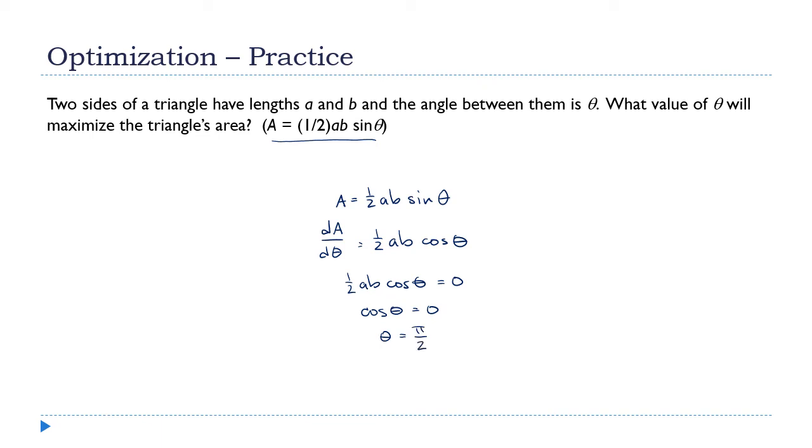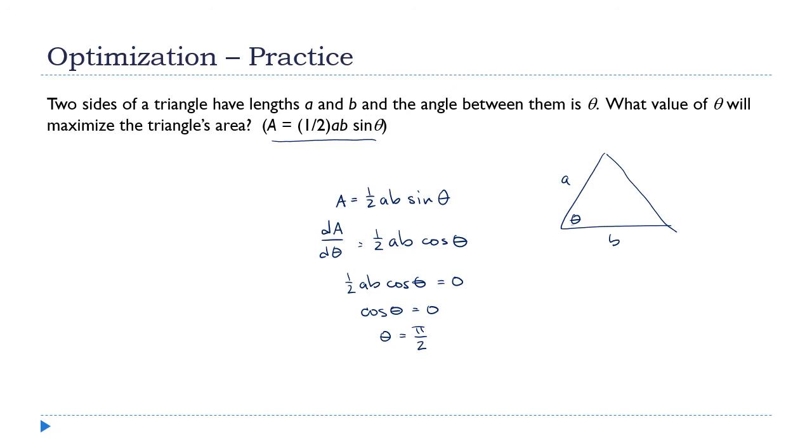Okay, so what is that telling us? Well, I didn't sketch this, but let's sketch this real quick. Theta is the angle between A and B. So I have this triangle here. I have A and I have B and I have theta. And what this is telling me is that the area of this triangle is maximized when theta equals pi over 2.